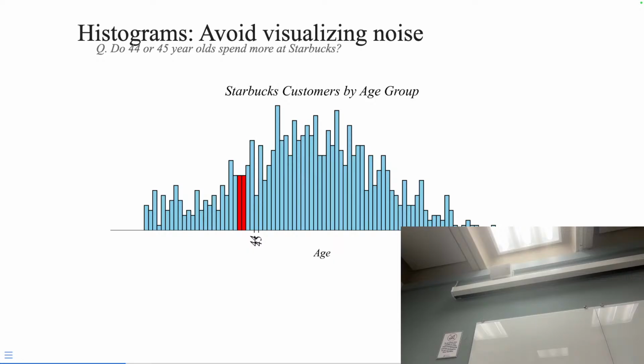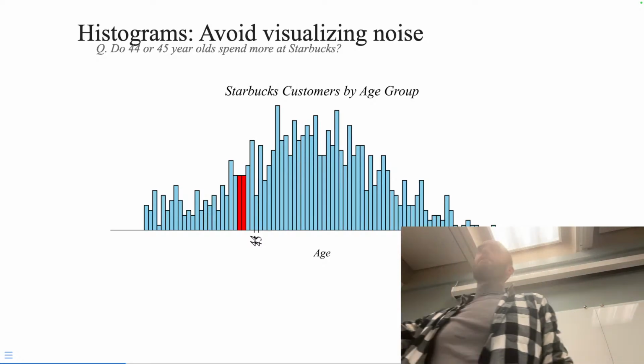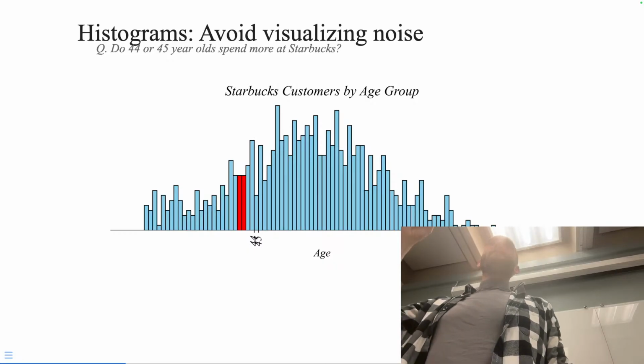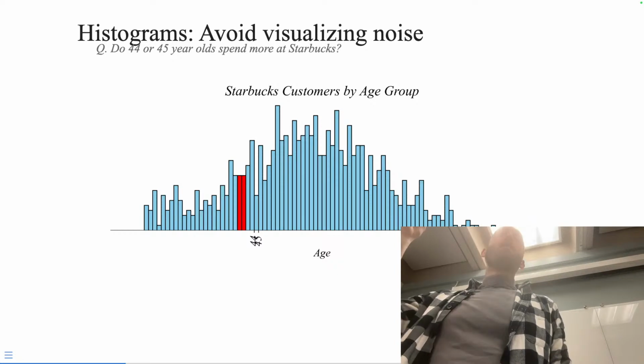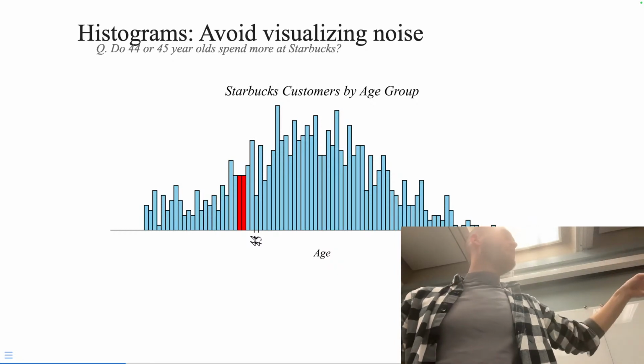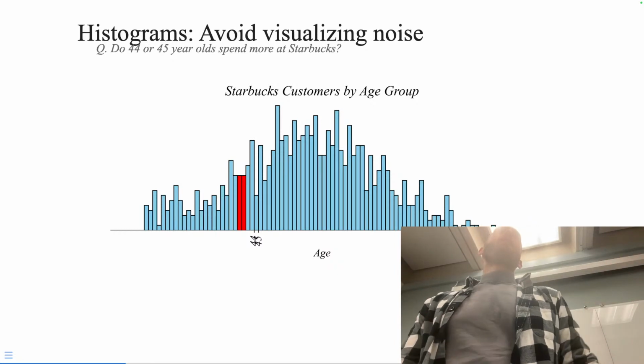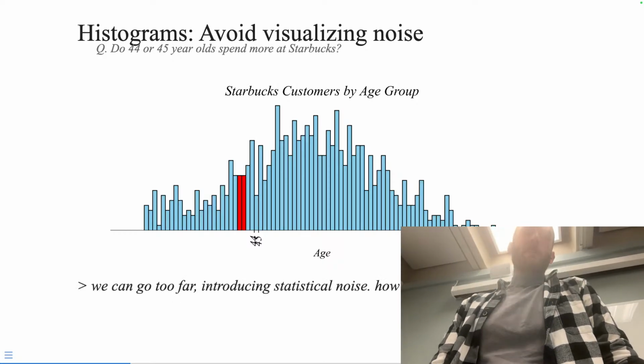They're right next to each other and very different. Because these bars move around so much, we don't know if the difference between 44 and 45 is real or if it's just noise. You can see so much noise, it's hard to know. Anyone know how we fix this problem?